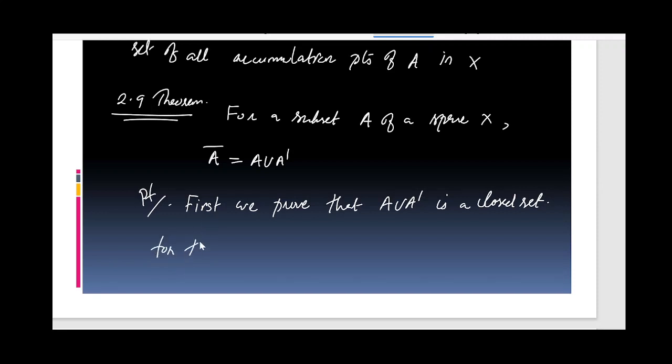For this, what we will prove is its complement is open. For this, we prove X minus A union A dash is open, that is, a neighborhood of each of its points.